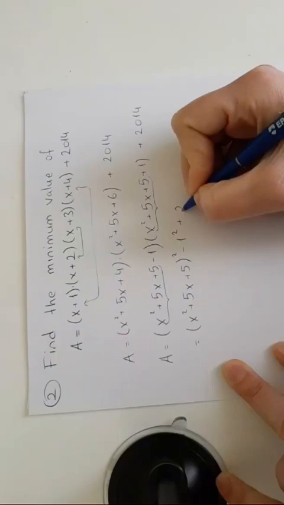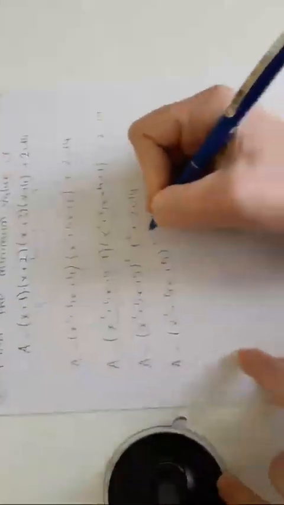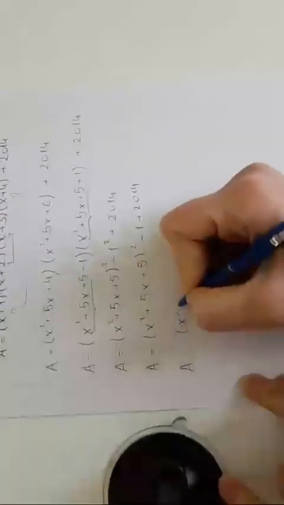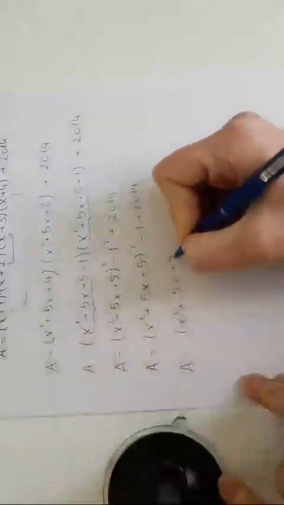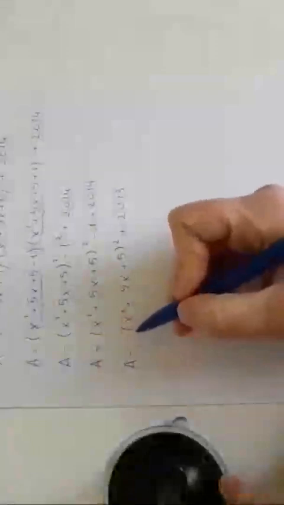A is equal to this one. So we have A is equal to (x squared plus 5x plus 5) squared plus 2013. So in the question, we are looking for the minimum value of A. We are finding A in this way.